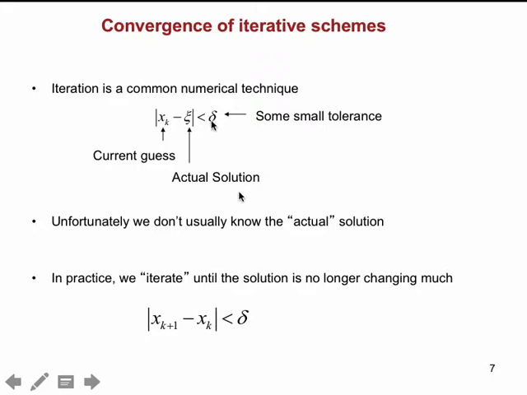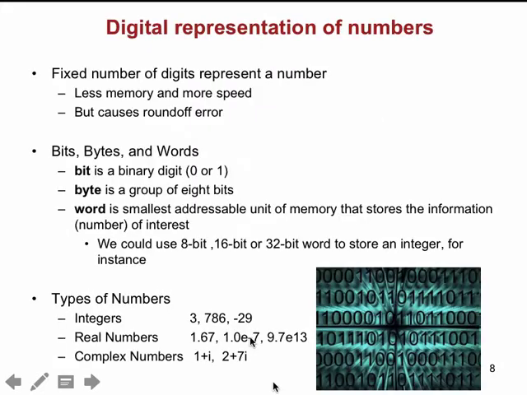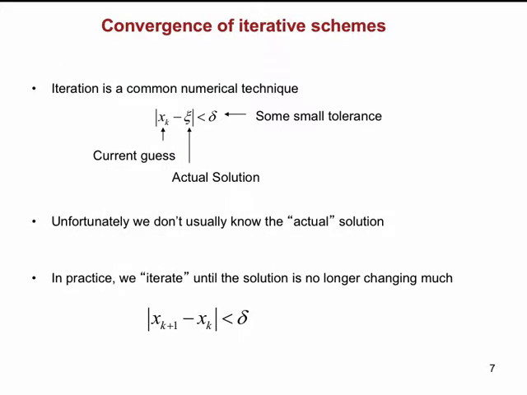I named it delta, not epsilon, but epsilon and delta are common symbols that denote stopping criteria. So that's basically about the truncation error.